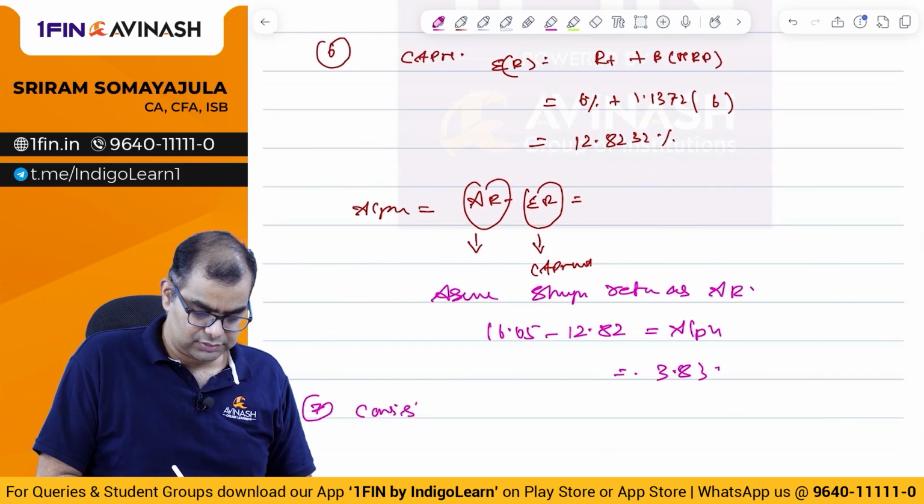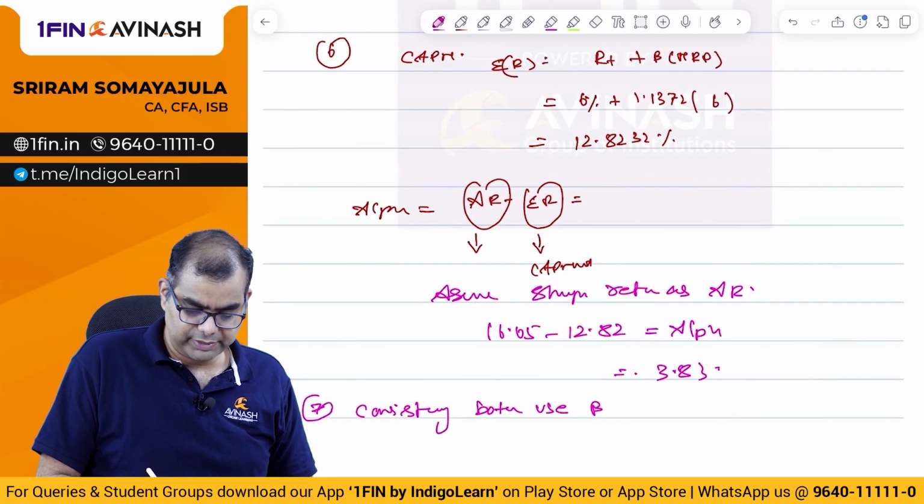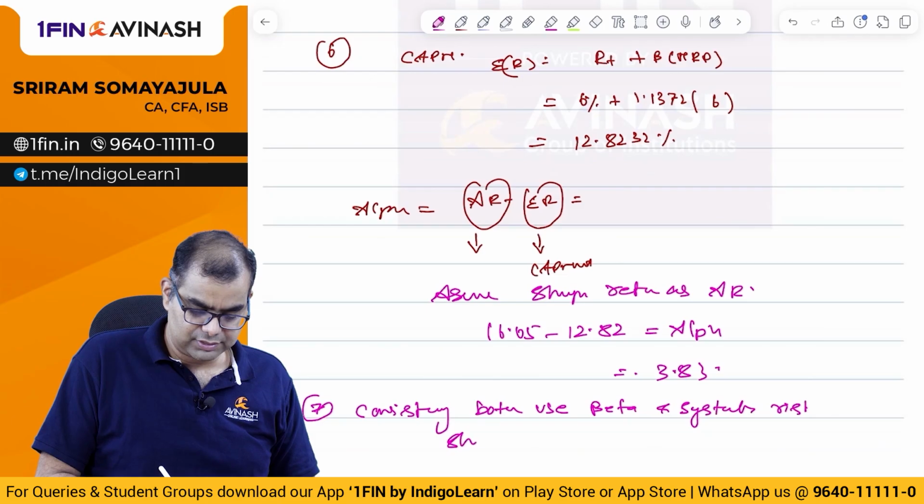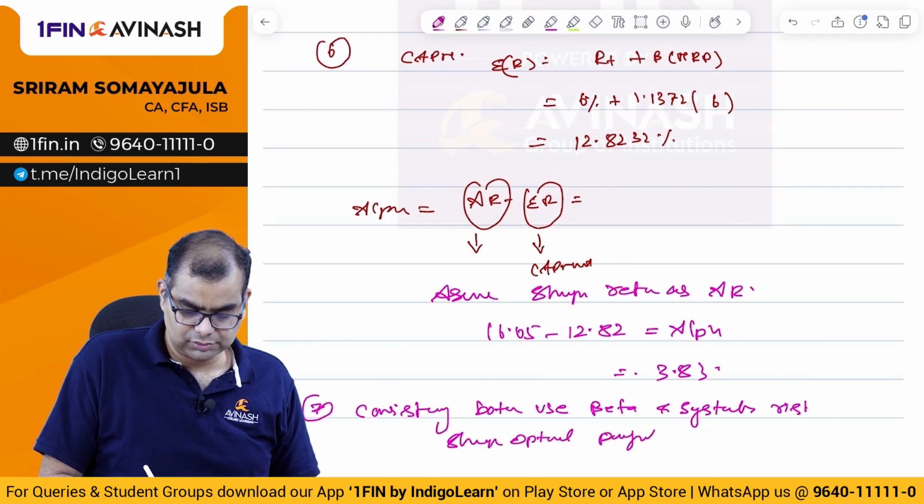Consistency: both use beta and systematic risk. Sharpe's optimal portfolio also considers unsystematic risk.